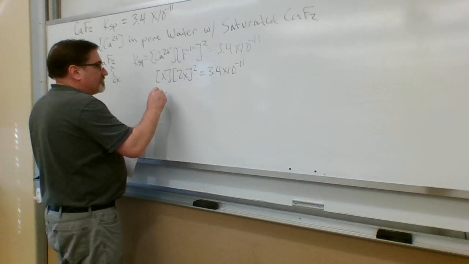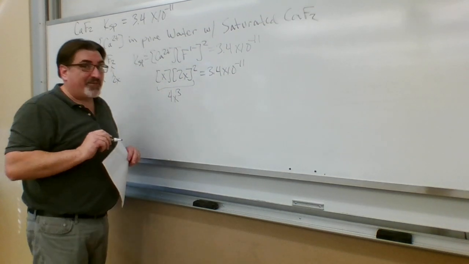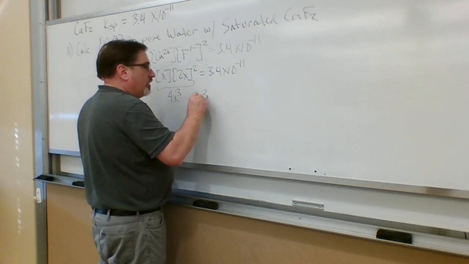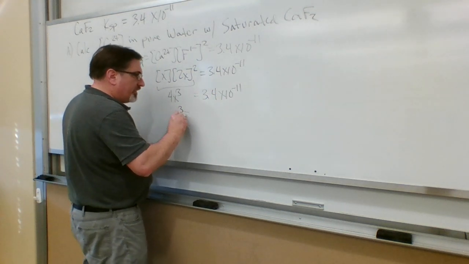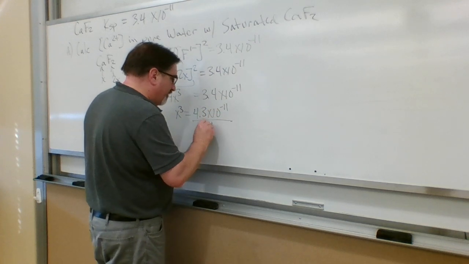And then this becomes 4x cubed. We get a lot of 4x cubes when we work solubility problems. So x cubed is 3.4 times 10 to the minus 11th divided by 4.